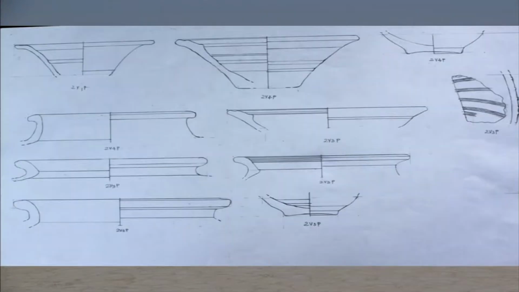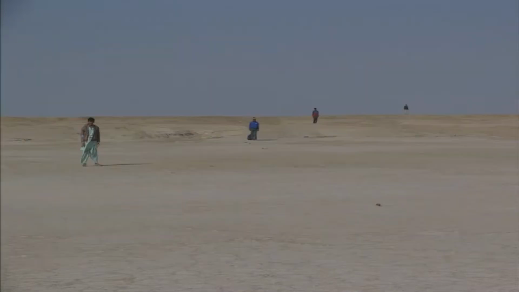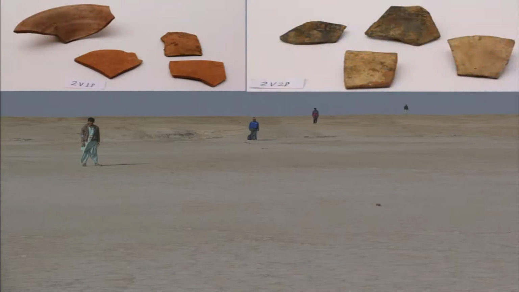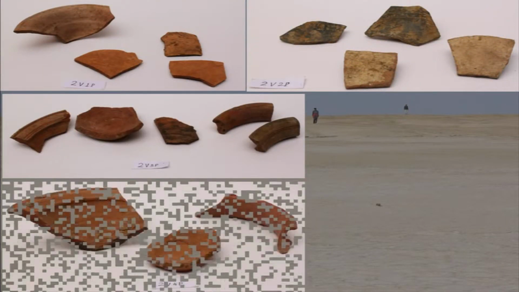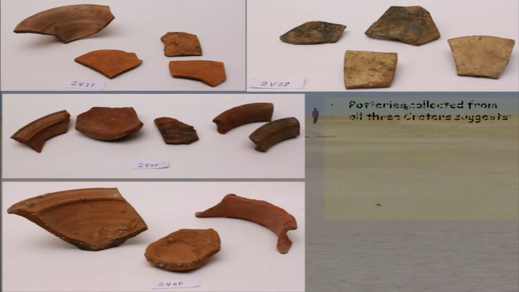We also took help from the Archaeological Survey of India, which helped us in understanding the pottery pattern. Finally, what we suggested, as preliminary results, is that this pottery belongs to a period of the 1st century.